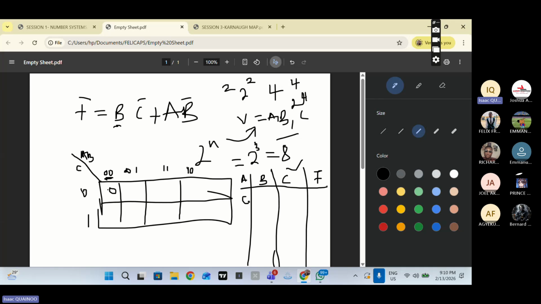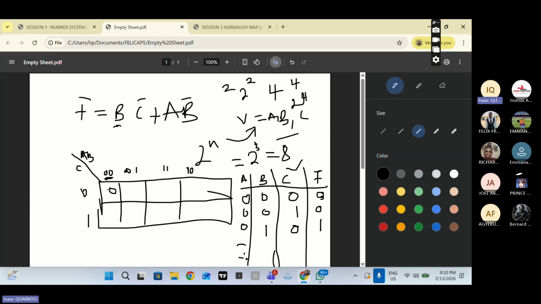When A is 0, B is 0, C is 0, let's say the corresponding F value is 0. A being 0, B being 0, C being 1, the corresponding F value is 0. A being 0, B being 1, C being 0, the corresponding F value is 1.